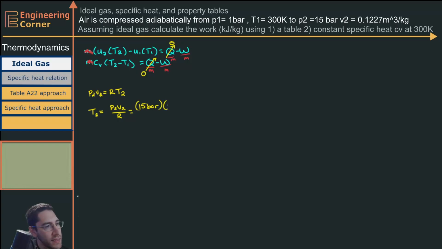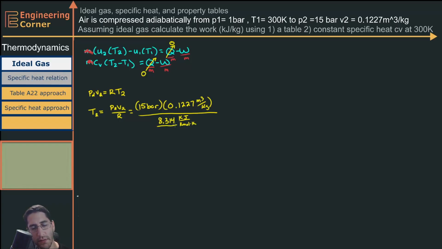V2 is equal to 0.1227 cubic meters per kilogram. And then we have R. So R, let's do it with the gas constant, 8.314, and this is going to be in kilojoules per kilomole Kelvin.